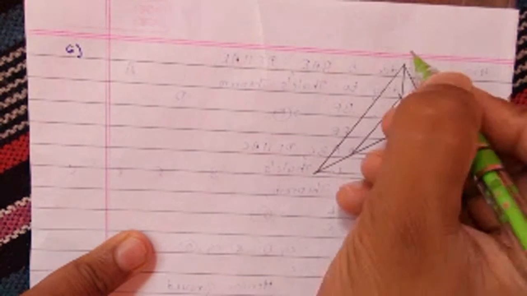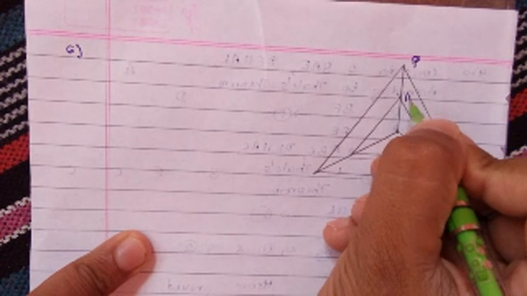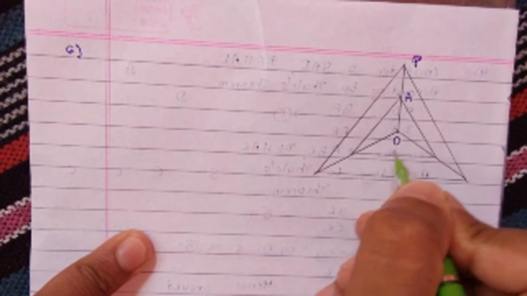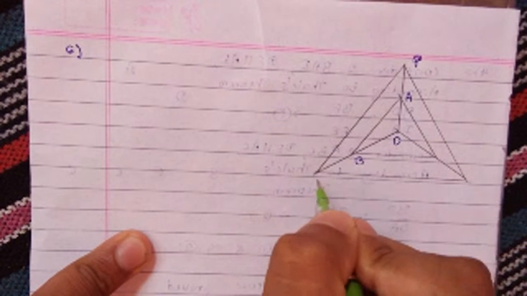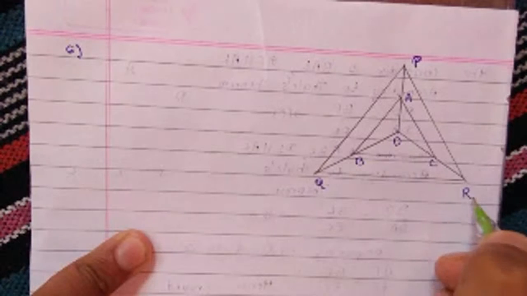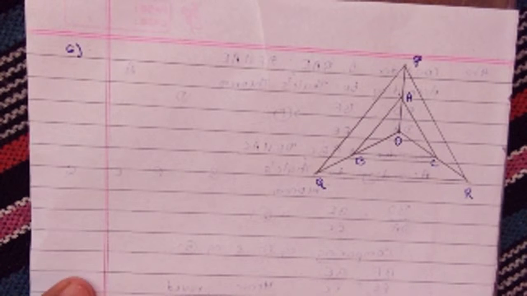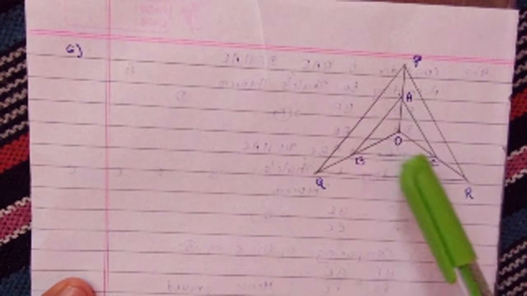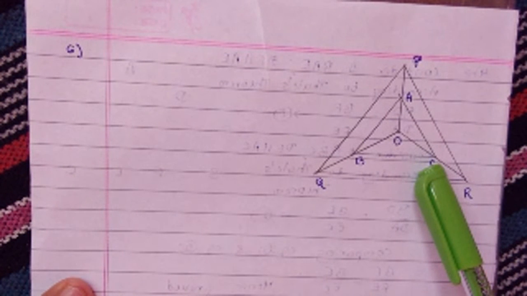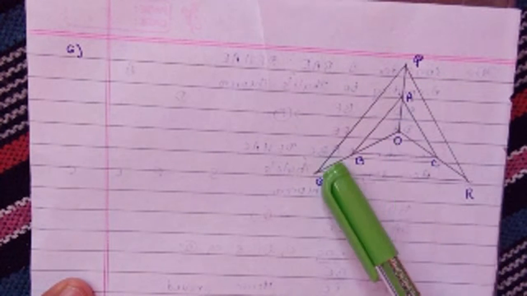So this is point P, point A, point O, point B, point Q, point C, point R. Okay, this is the figure. So in this, it is given that in the figure A, B, C are points on OP, OQ and OR.